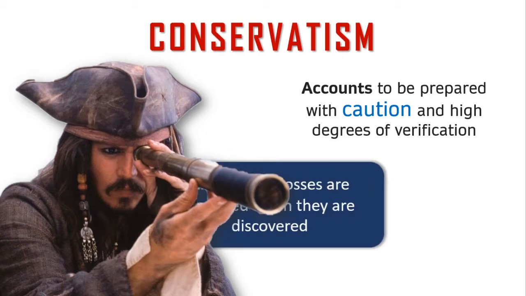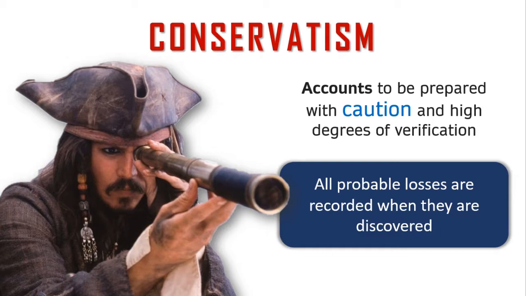The concept also requires us to record all probable losses when they are discovered, which means that we need to forecast potential expenses that are probable. Probable here means it is most likely or almost certain and is expected to happen.